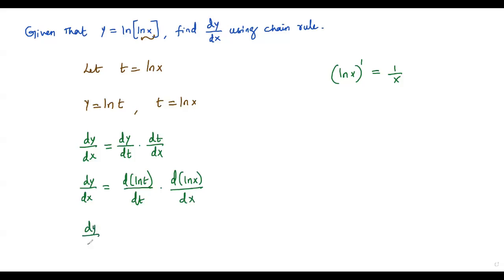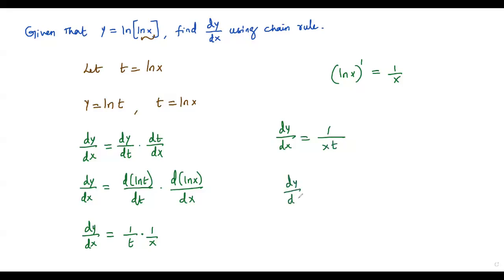When I find the derivative of ln t with respect to t, I get 1 over t. And when I find the derivative of ln x with respect to x, I get 1 over x. So dy over dx equals 1 over, multiplying 1 times 1 is 1 in the numerator, and multiplying t and x, I get tx, or it can also be written as x times t.